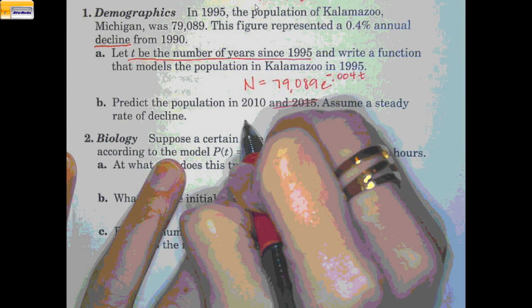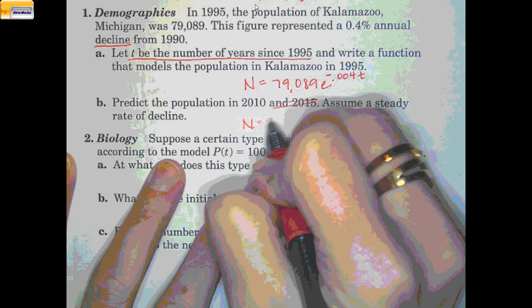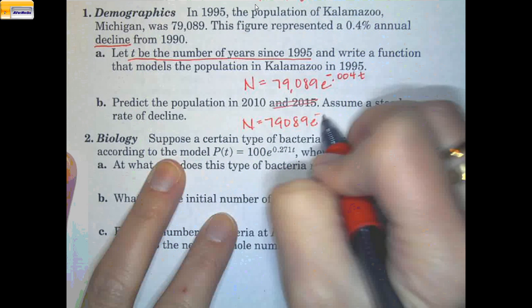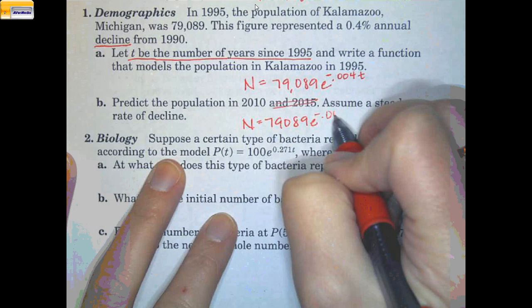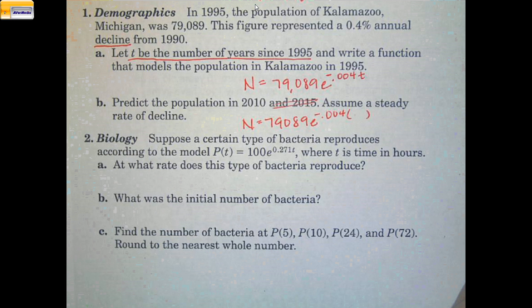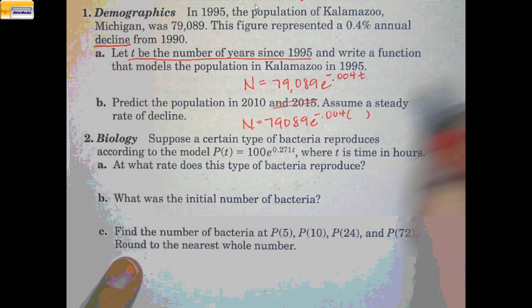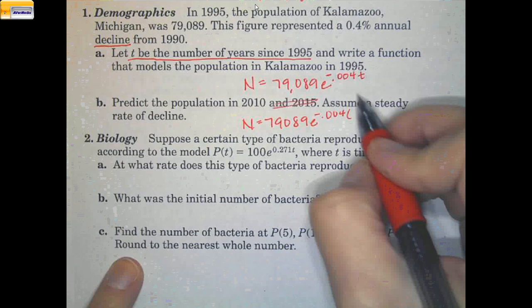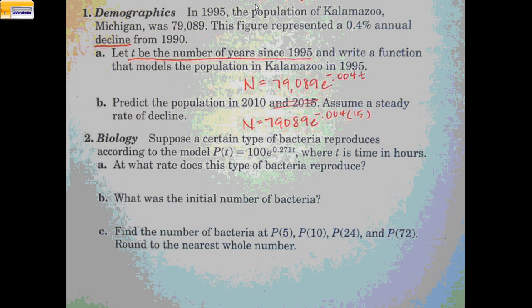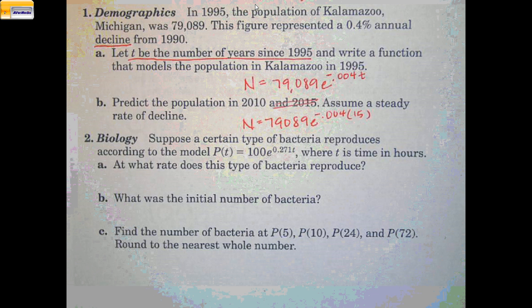So we have N equals 79089 times e to the negative 0.004. What's T? 15. Why isn't it 2010? Good. It said let T be the number of years since 1995. It's been 15 years.